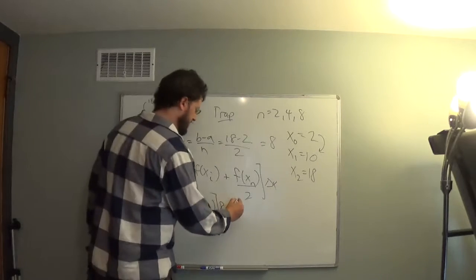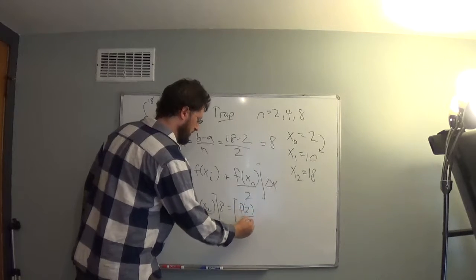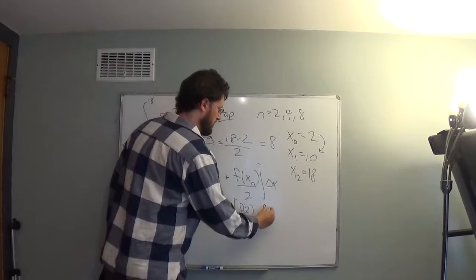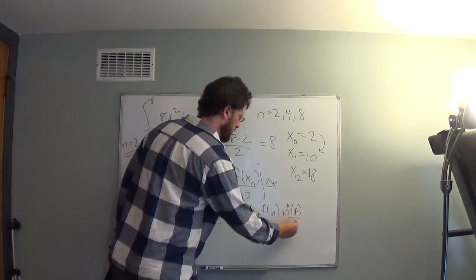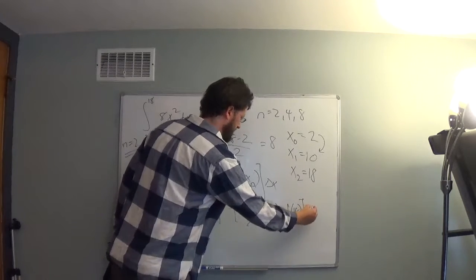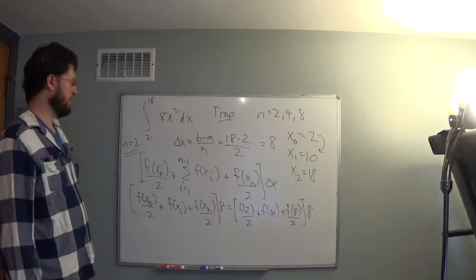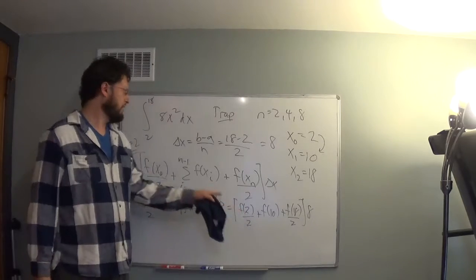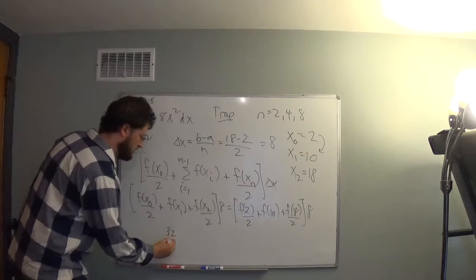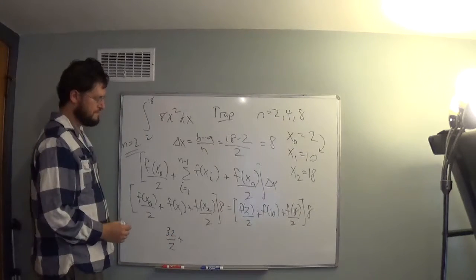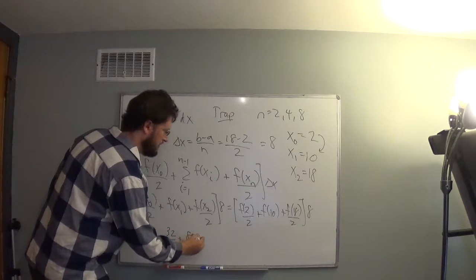So that's f at 2 over 2 plus f at 10 plus f at 18 all over 2, all multiplied by delta x. F at 2, that's 2 squared, so that's 4, so that's 32 over 2. F at 10 is 100 times 8 is 800.